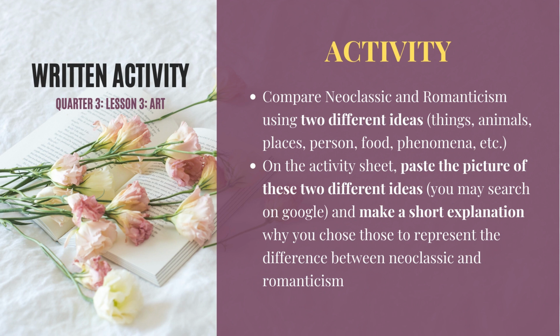So, she represents yung sobrang artistic side naman. So, silang dalawa yung naisip ko, for example, na two different ideas. I'm going to download pictures of Queen Elizabeth and then Lady Gaga, and then I'm going to paste that on my activity sheet, and then I will explain kung ano yung sinabi ko sa inyo kanina para i-justify kung bakit silang dalawa yung napili ko.